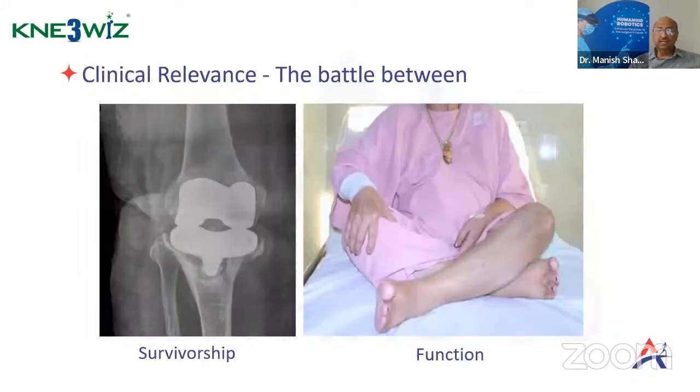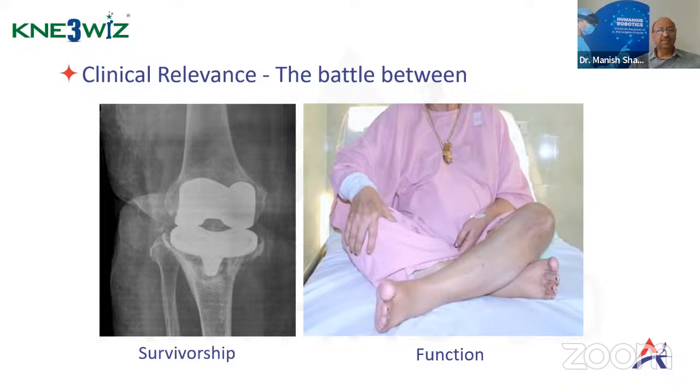The clinical relevance of alignment comes in with survivorship and function. It's a battle between survivorship and function. Mechanical alignment with the older designs was meant to improve survivorship. The later personalized alignments, kinematic alignments, have been designed to improve function.